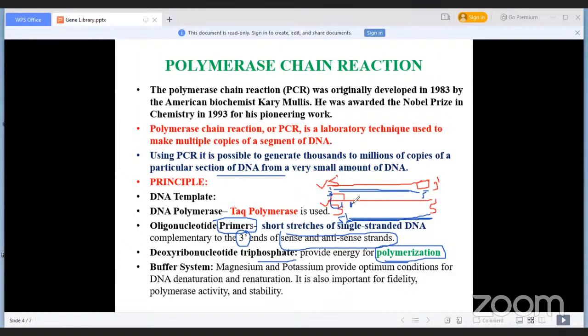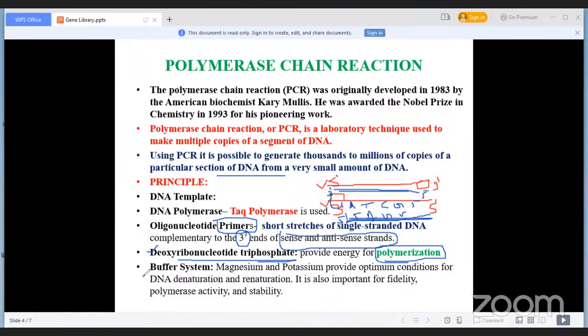Already 3 end here, A. It's all monomers joining together to form a polymer: G, T, now with the joining T, A, G. This activity is done by deoxynucleotide triphosphate. Is it clear?